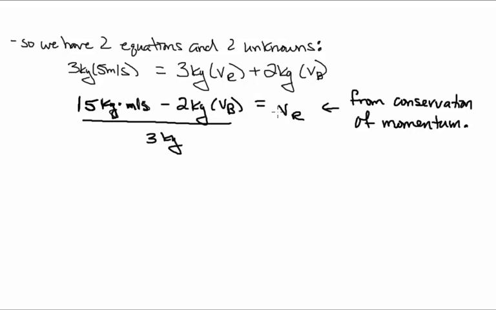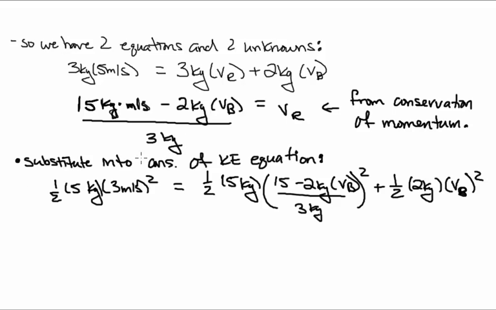But using algebra and solving for it, we'll get this expression for the velocity of the red ball. Then I'll go back and substitute this expression into the conservation of kinetic energy equation.